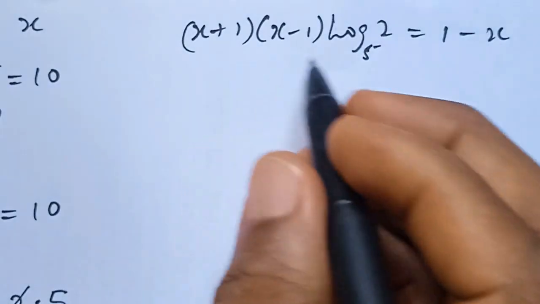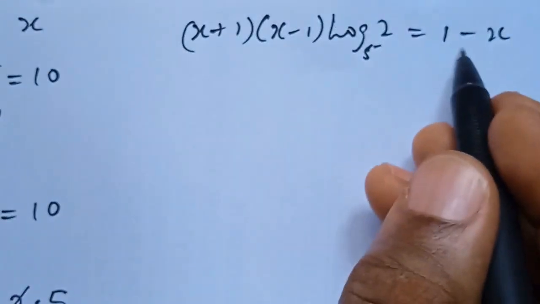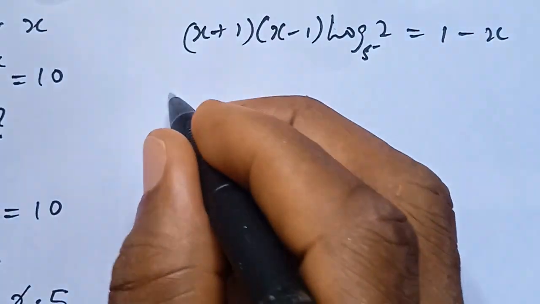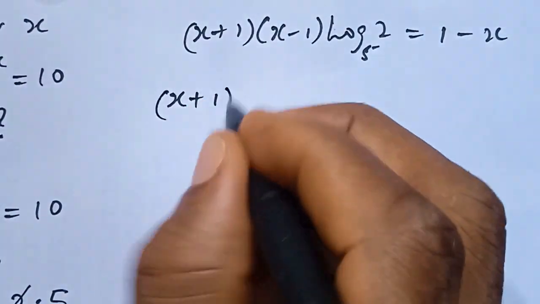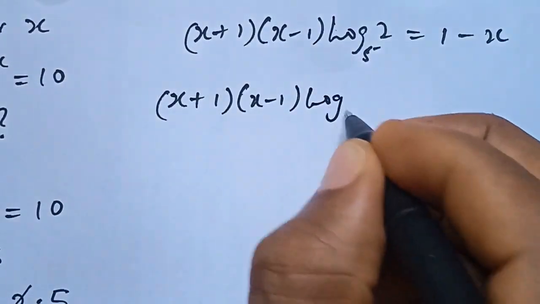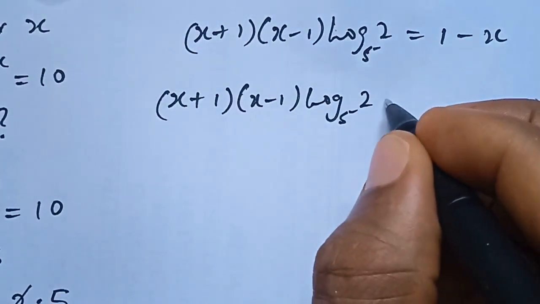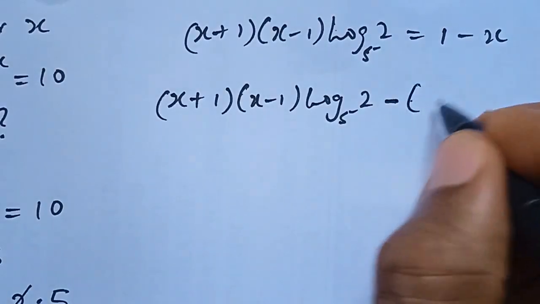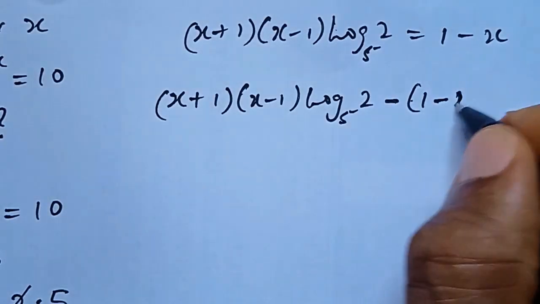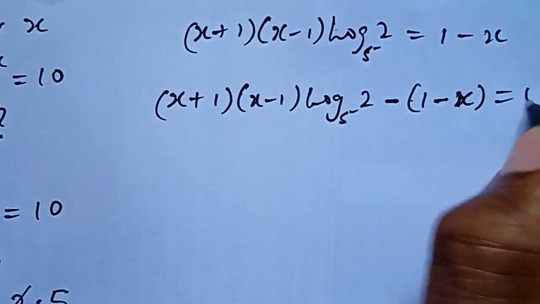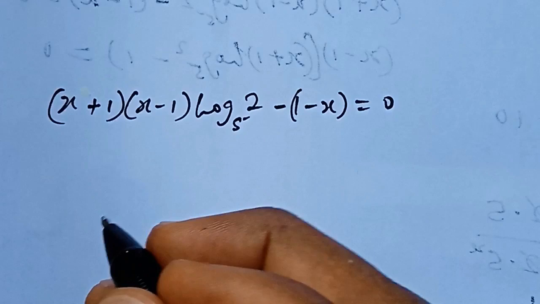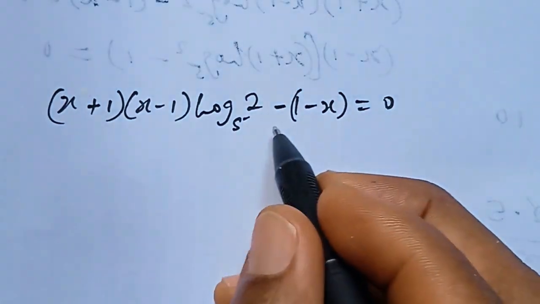So we can now move this to the left hand side. We now have x plus 1, x minus 1 log of base 5 of 2, then minus into bracket 1 minus x. Everything will now be equal to 0. So from here we can open these brackets.